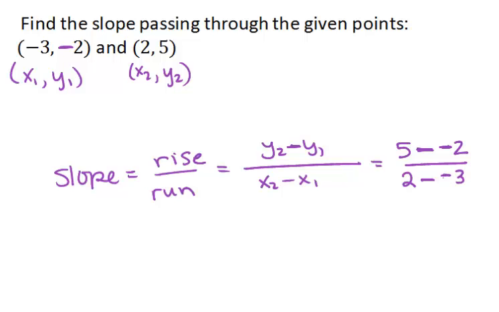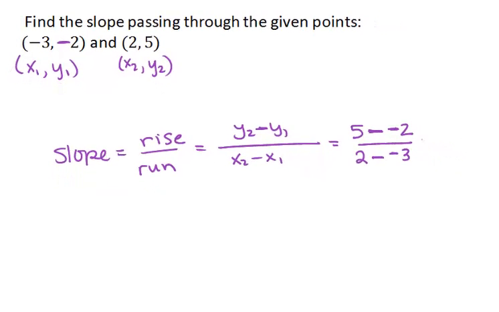Again, be very careful of those double negatives. On the top, that gives me 5 plus 2, which is 7, over 2 plus 3, which is 5. So my slope in this example is 7 over 5. So my rise is 7 units over my run, which is 5 units.